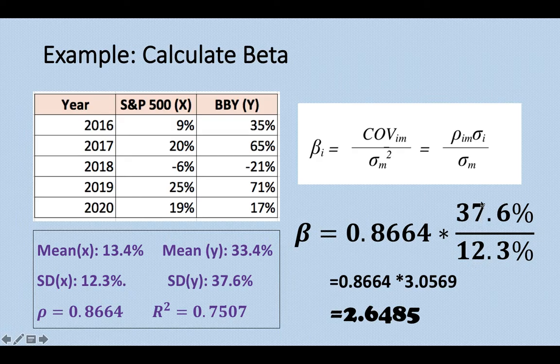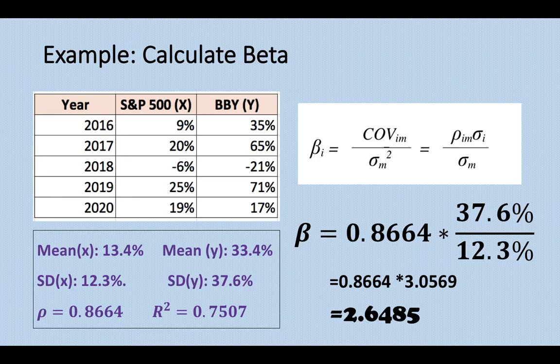If we just purely look at the standard deviation, say Best Buy's standard deviation is 3 times that of the market, what does this tell you? It tells you Best Buy is 3 times more volatile than the stock market if you invest in Best Buy.